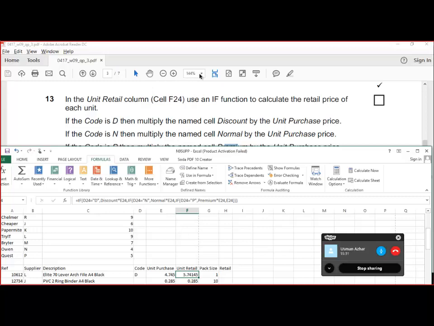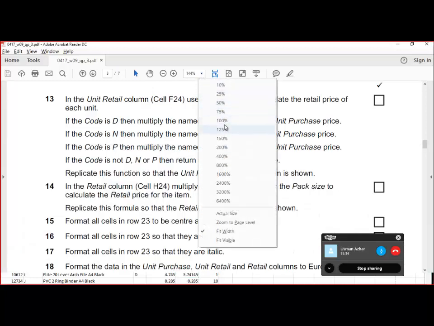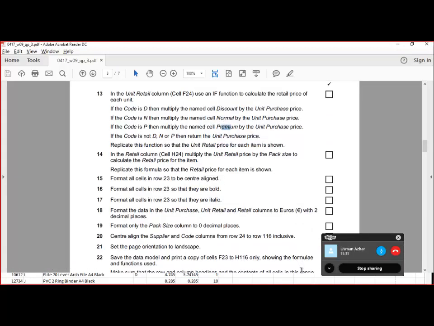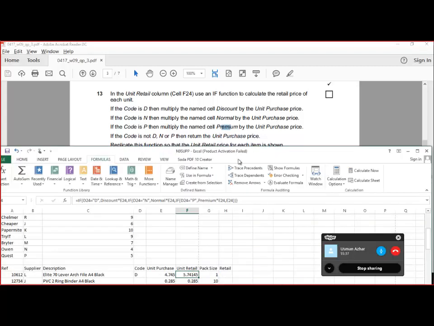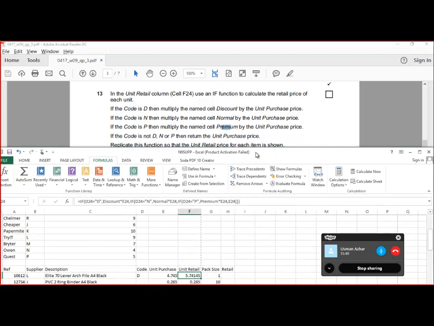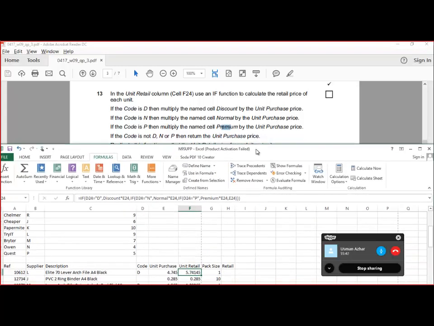What I can do is reduce this. It's blurry. Now it's clear. Take your time, doesn't matter.